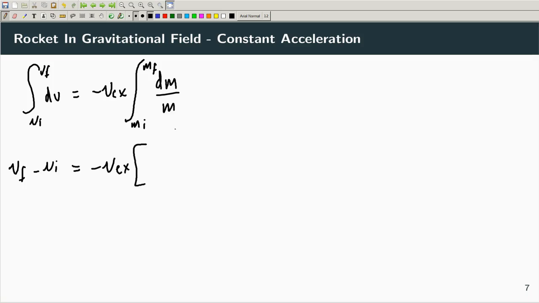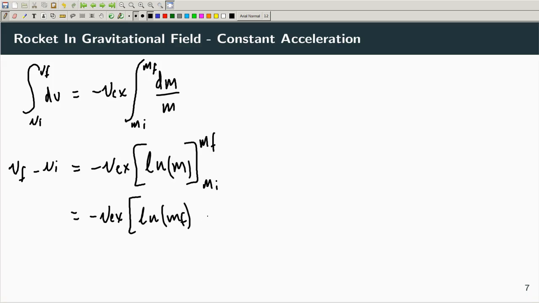Now that is just the natural logarithm of the initial mass to the final mass. So we can write it out like so, take away the natural logarithm of the initial mass.